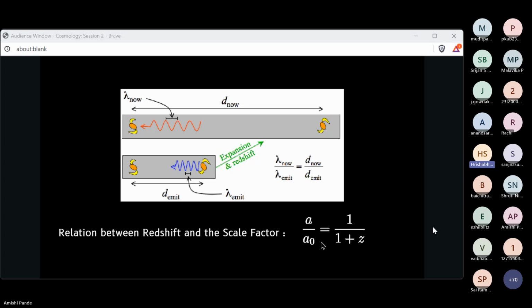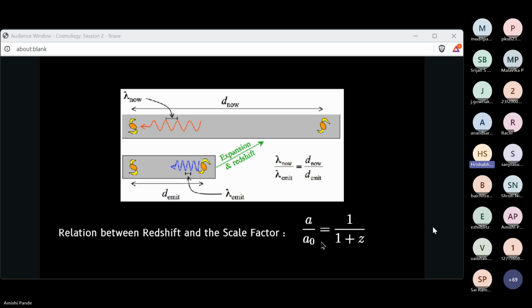Now, why are we not using distance and time here? It is because of a simple fact that the farther we go back in distance in our universe, the further we go back in time as well. Again, a prediction of special relativity, because the speed of light is constant.